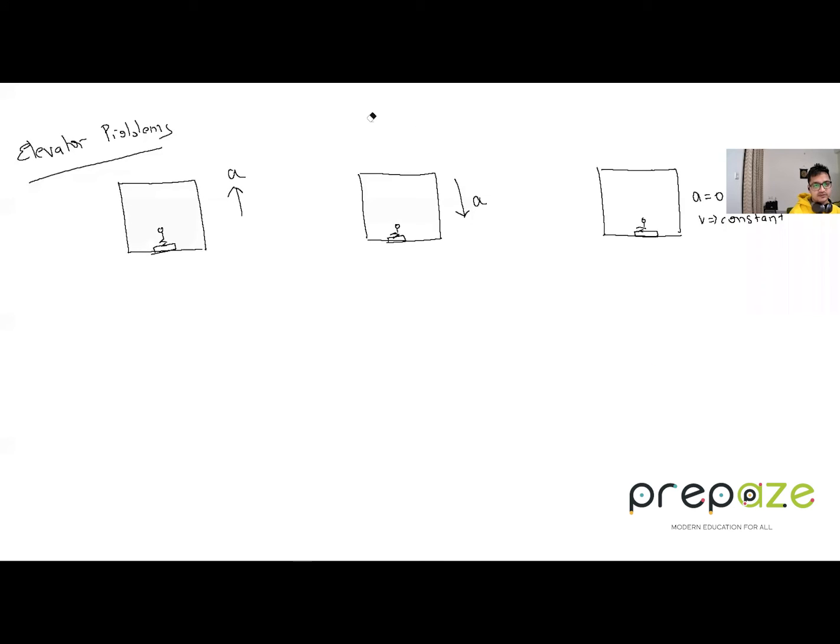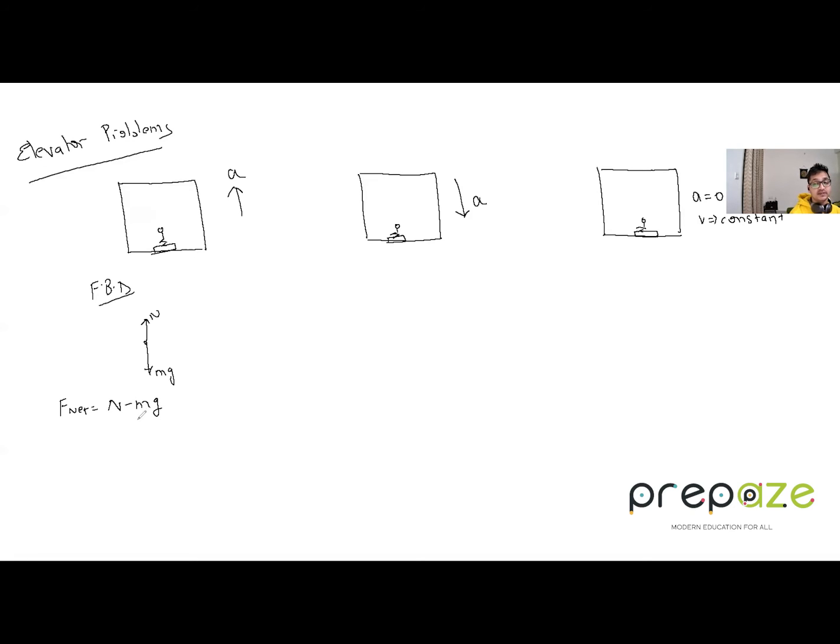Now see the first situation. The lift is going upwards, so obviously the person is also going upwards with an acceleration. When you draw the free body diagram of the person inside the lift, you can see that there is the normal reaction force N on the person due to the weighing balance, and his own weight mg is there. The acceleration of the person is upwards, so the net force on the person is N minus mg. Why did I write N minus mg?